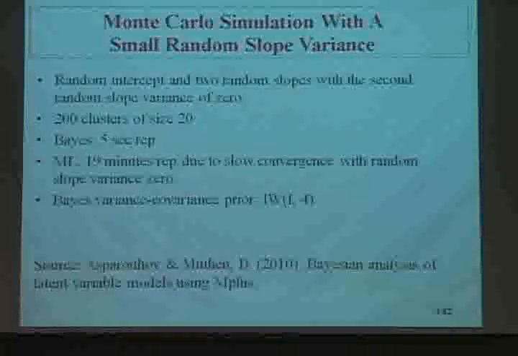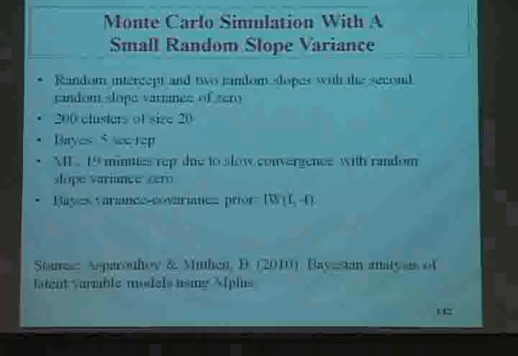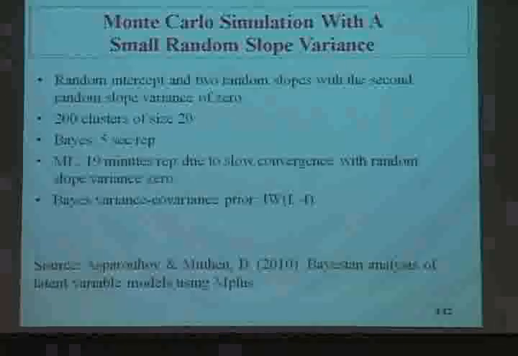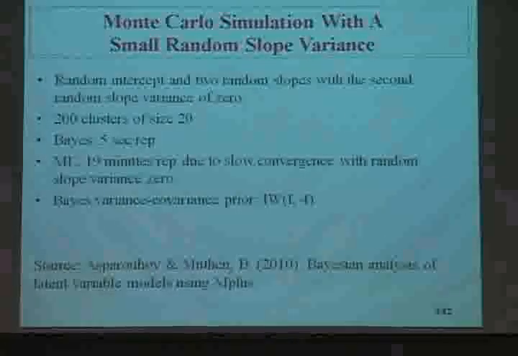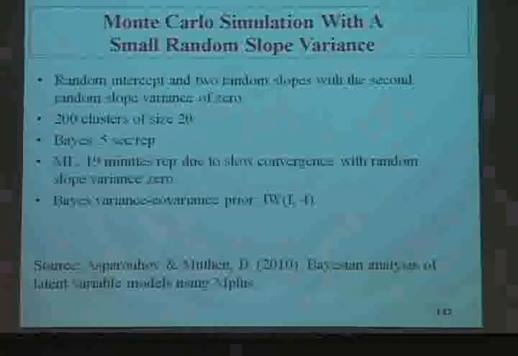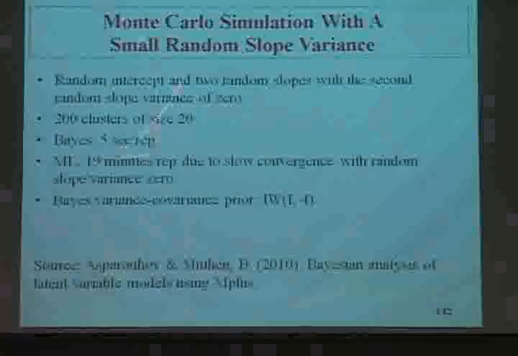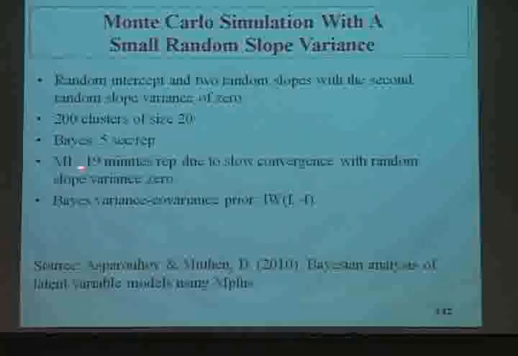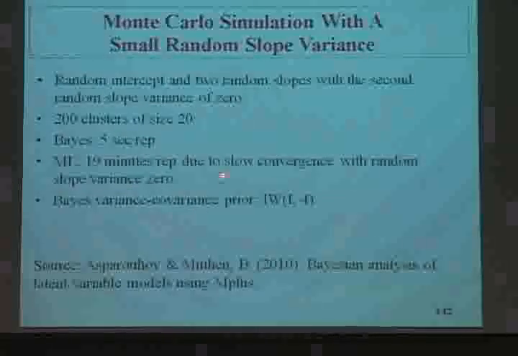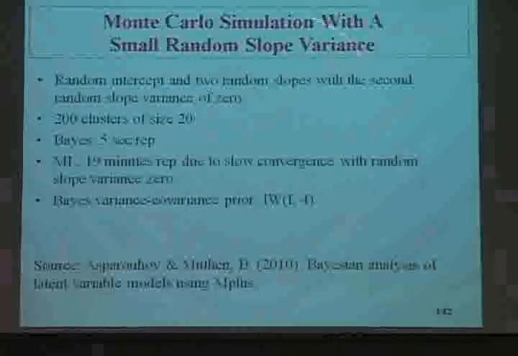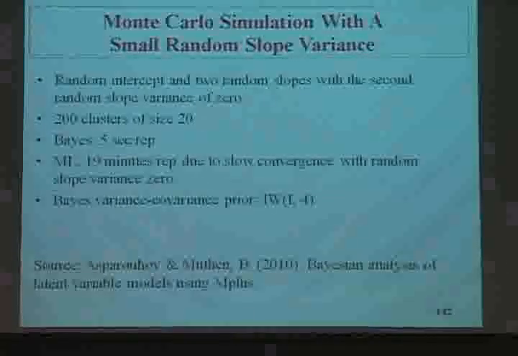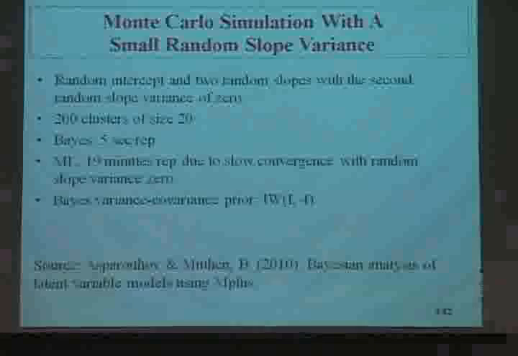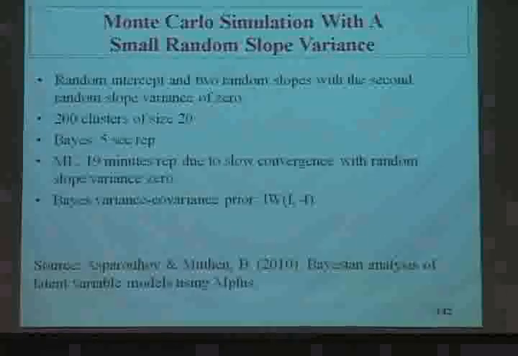You're also estimating the mean of this random slope, and that particular mean is going to move very slowly because of the small variance of the random effect. So the bottom line is ML has problems estimating models with small variances of the random effects. On the other hand, Bayes doesn't have this problem. It resolves it very nicely.